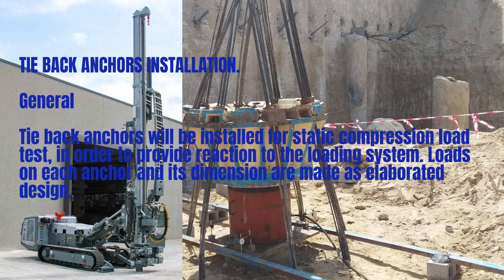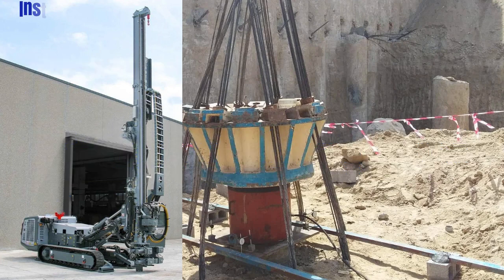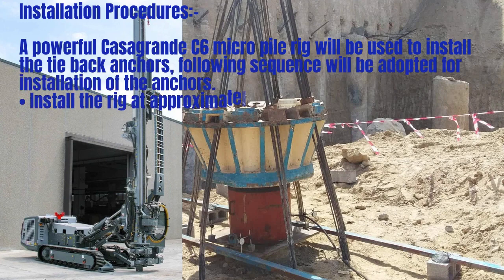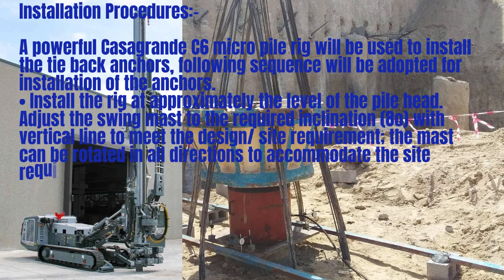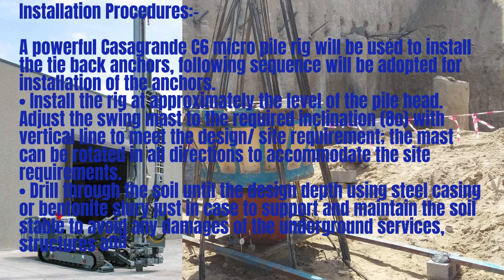The following sequence will be adopted. First, install the rig at approximately the level of the pile head. Adjust the swing mast to the required inclination, 8 degrees with the vertical line, to meet the design site requirement. The mast can be rotated in all directions to accommodate the site requirement.